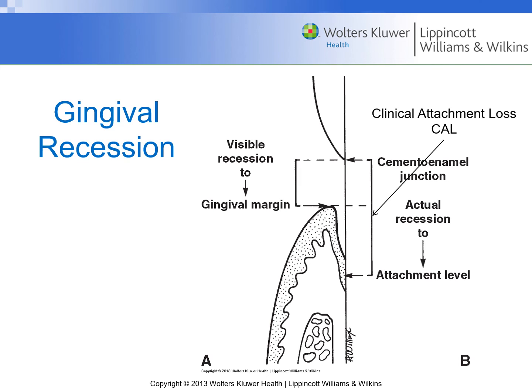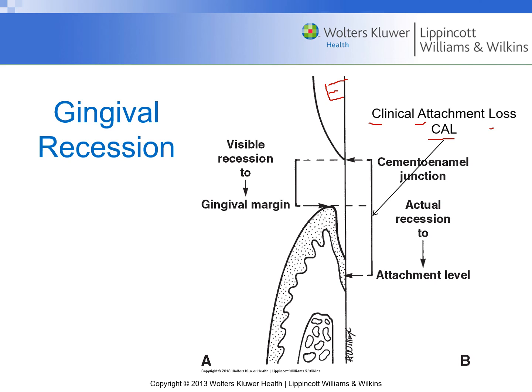So gingival recession, we talk about CAL, which is the clinical attachment loss. It's the first letter in each word. The clinical attachment loss, this whole thing right here should be up here by the tooth. This is the enamel, way up here. So there's this big area and everything has slid down.